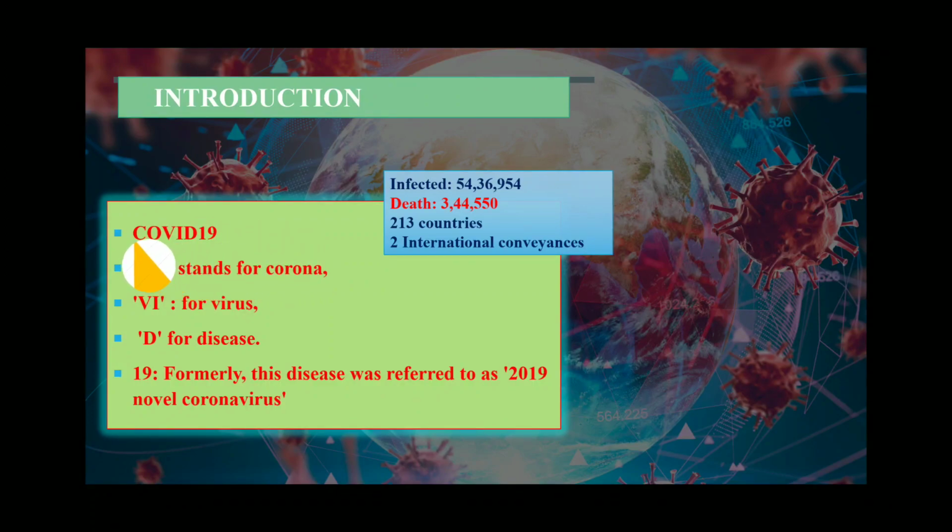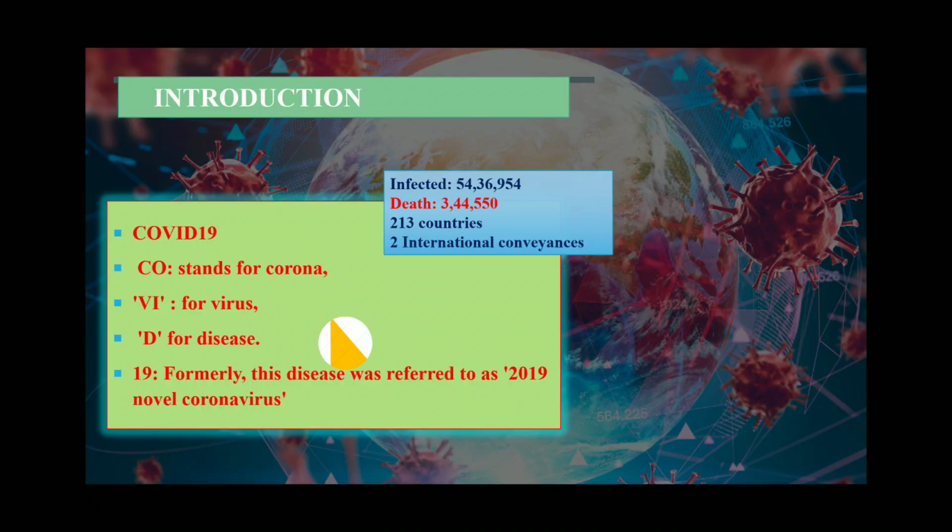So what do we mean by COVID-19? COVID-19 means CO, which stands for corona, VI stands for virus, D stands for disease, and 19 stands for the outbreak occurred in 2019, and according to that it was named as COVID-19. So the disease name is COVID-19.